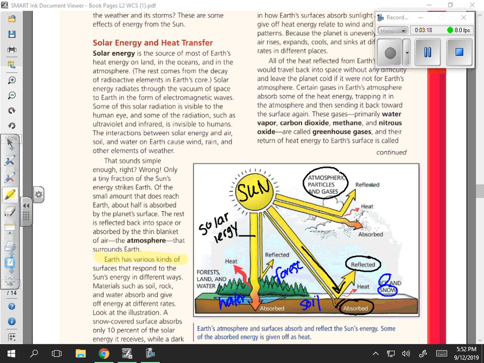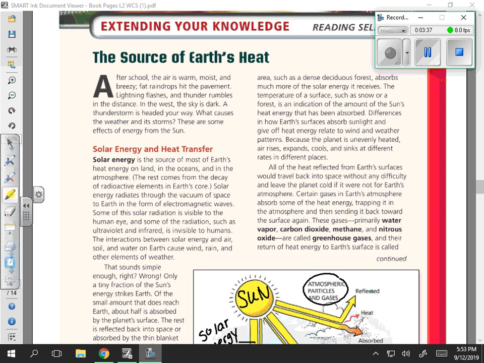Earth has various kinds of surfaces that respond to the sun's energy in different ways. Materials such as soil, rock, and water absorb and give off energy at different rates. Look at the illustration. A snow-covered surface absorbs only 10% of the solar energy it receives, while a dark area such as a dense deciduous forest absorbs much of the solar energy it receives.